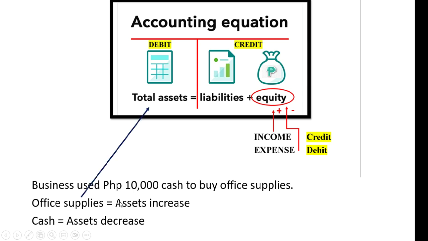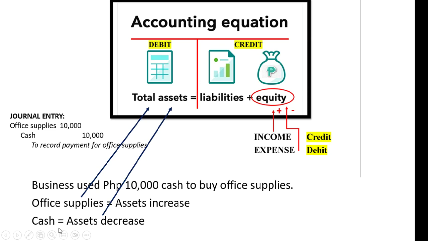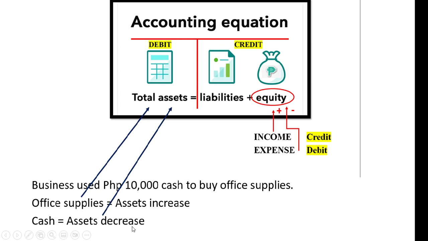For office supplies, it's an asset, right? Since it is an increase, that's a debit. Next, since cash is also an asset, but this time the asset has decreased, the decrease should be a credit.